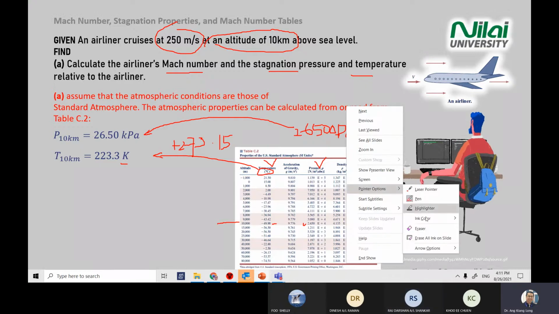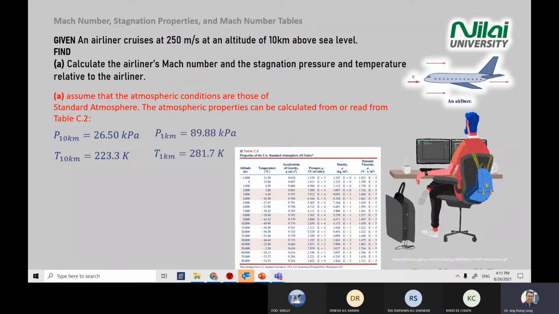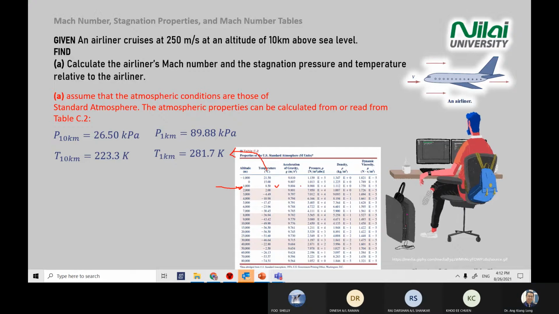Okay. All right. So next, at the same time, just save your time since you're using the table. You go ahead and find 1 kilometer pressure and temperature, which is at this row. Okay. 1000 temperature is 8.5 Celsius. Again, change Celsius to Kelvin. And then go ahead and find pressure.